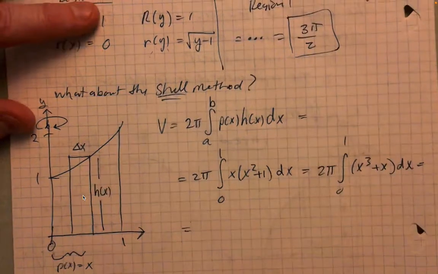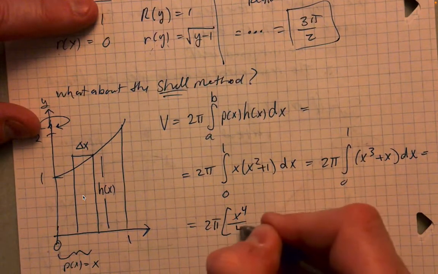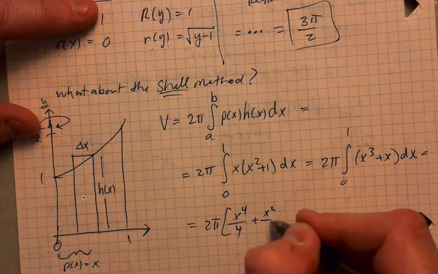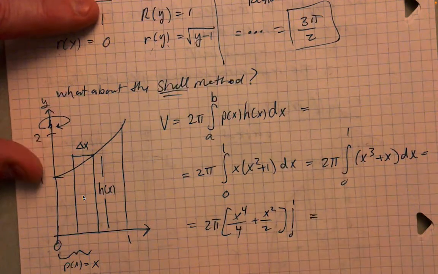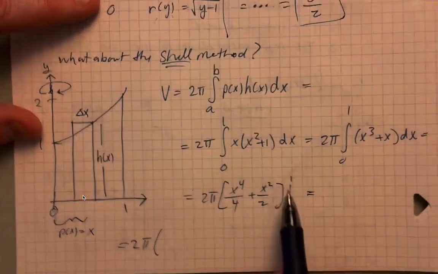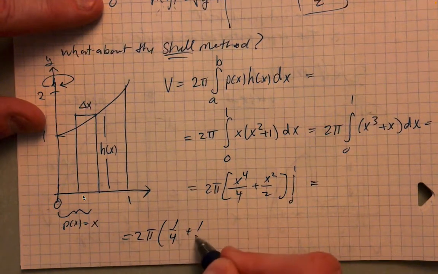All right. And so what do we get? We get x to the 4th over 4 plus x squared over 2 from 0 up to 1. And so the 0 will be nothing. Plugging in the 1, we get basically a 4th plus a half.